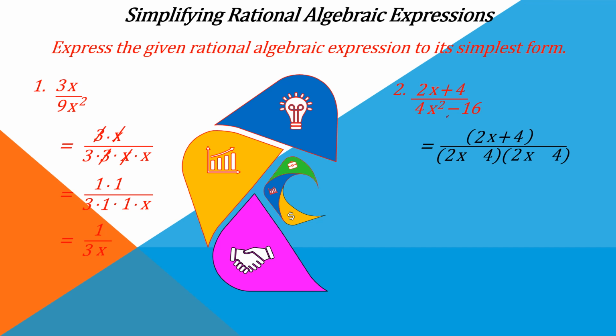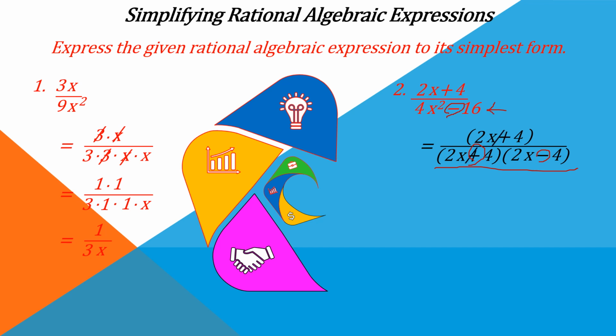Since it is a difference of two perfect squares, we follow the pattern: the signs of the last terms of the factors will be negative and positive. This is negative and this is positive, so that the second term of the product is negative.